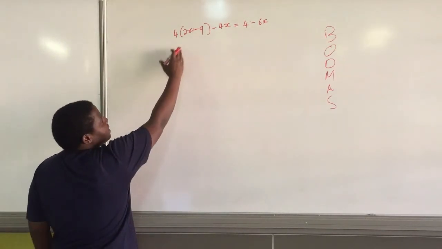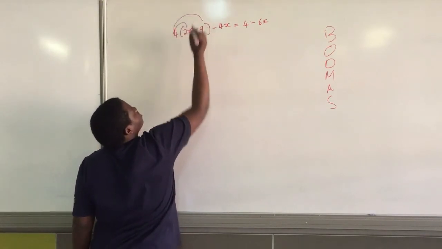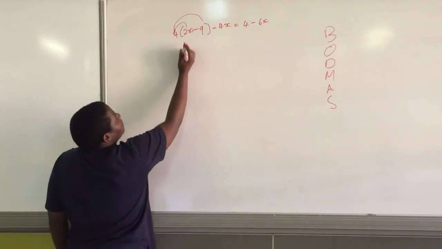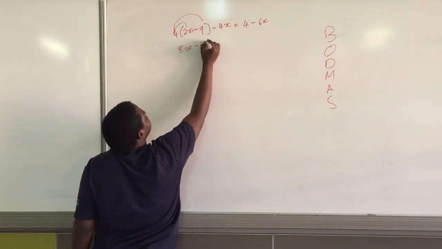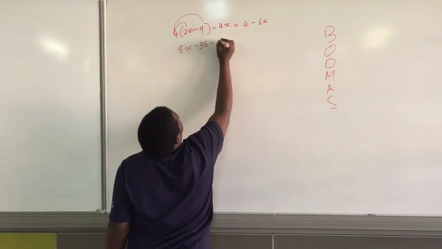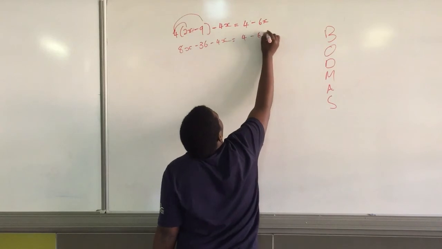So how would we expand it? You'd say this into that, then we would expand this. This would be 8x minus 36, and thus we have the complete part, which is 4x to x squared.